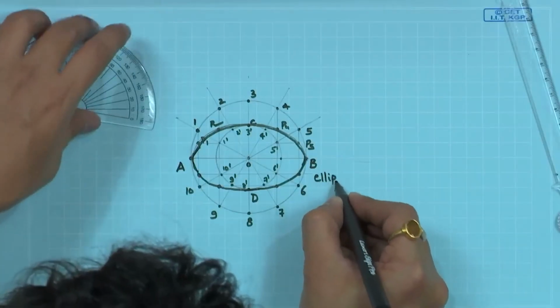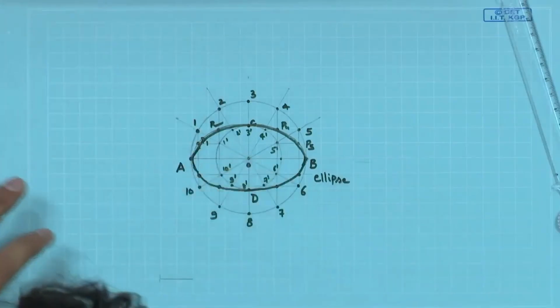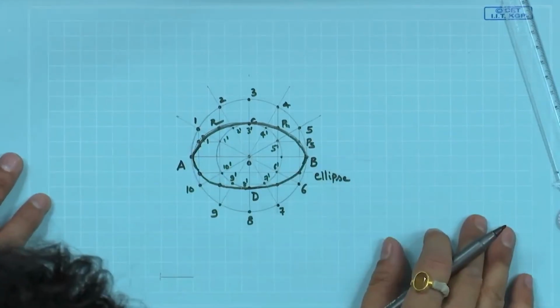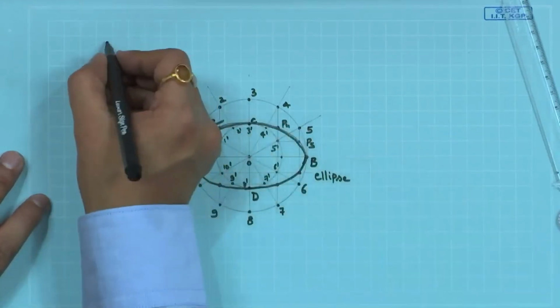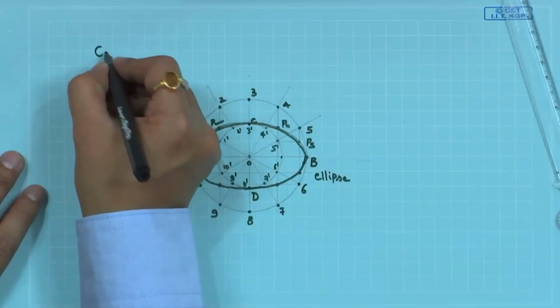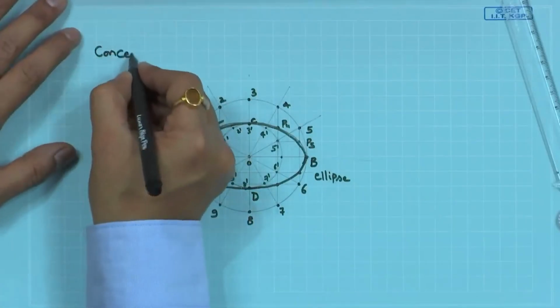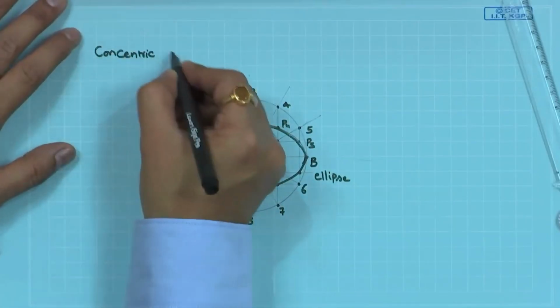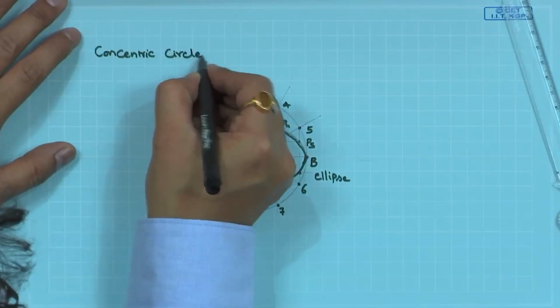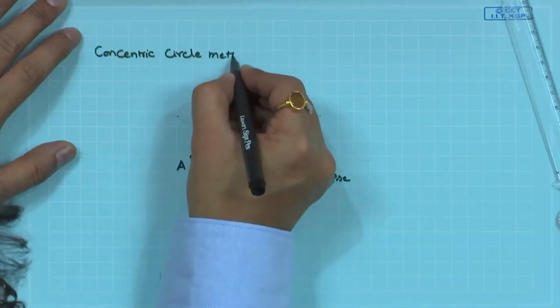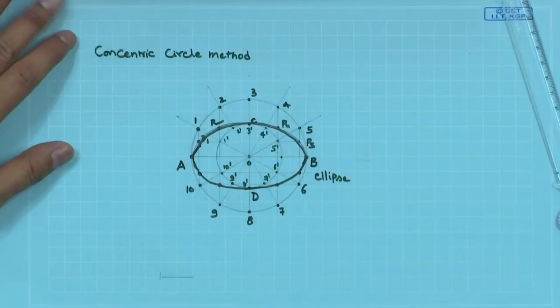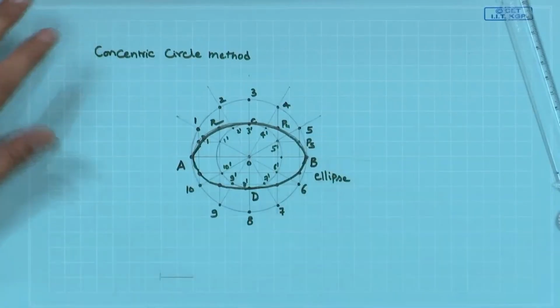This is an ellipse. This is by concentric circle method. If we know major axis, minor axis, one will be in a position to construct this.